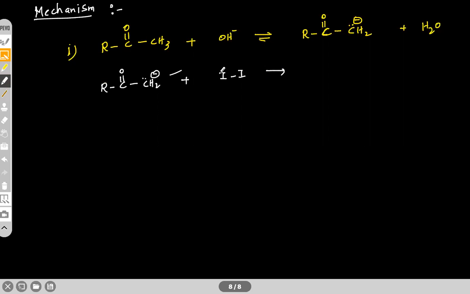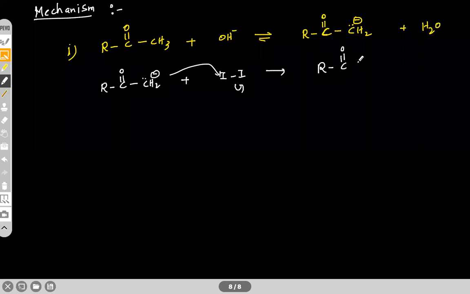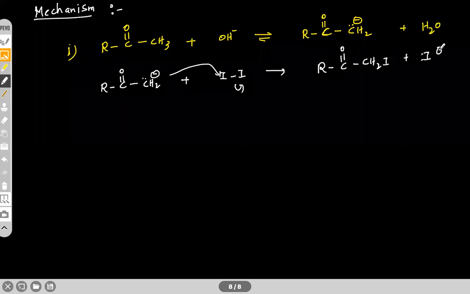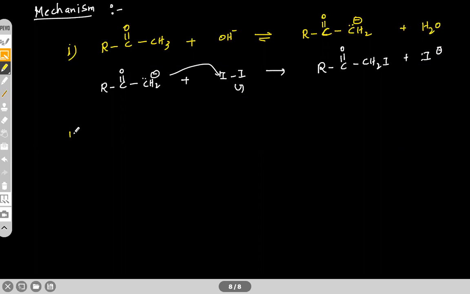It attacks this iodine and I minus goes out, and it converts into R-C double bond O-CH2I plus I minus.